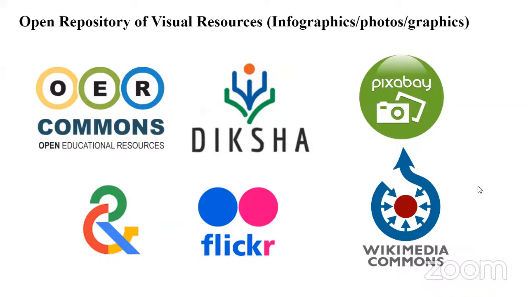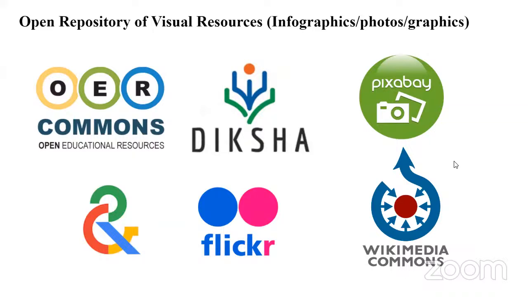So there is no direct, except Diksha, there is no particular website in which you will get the ready-made infographic created by NCERT. So other websites mentioned here, like OER Commons, Pixabay, Wikimedia Commons, Flickr, and Google Arts and Culture, can be used for identifying photos and graphics, meaning photographs and images.